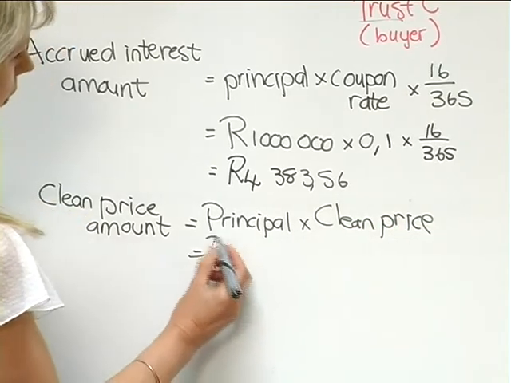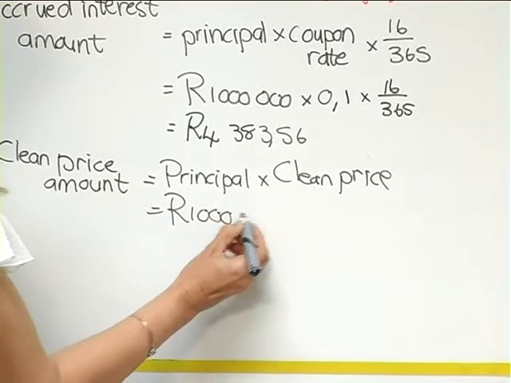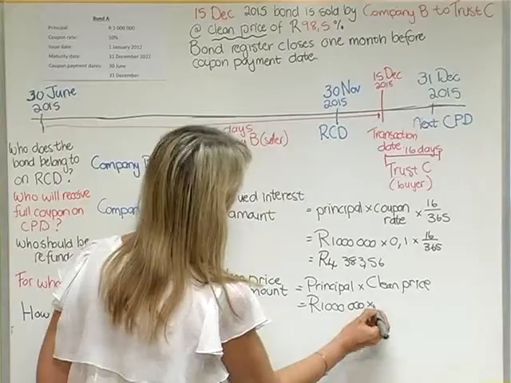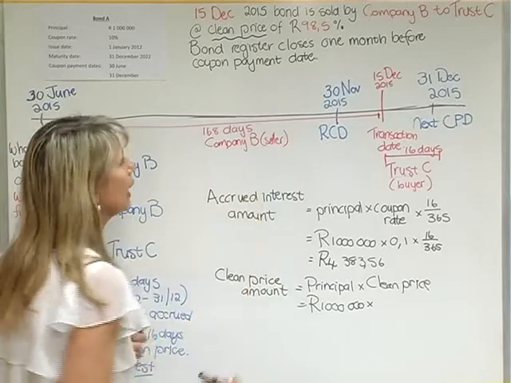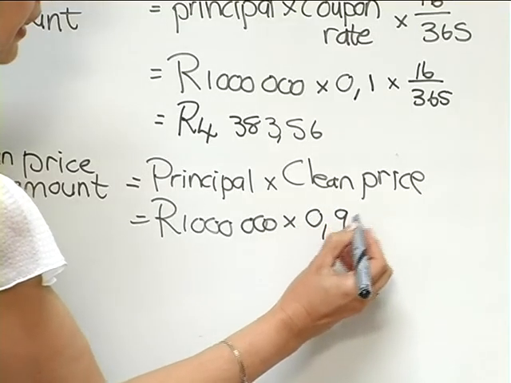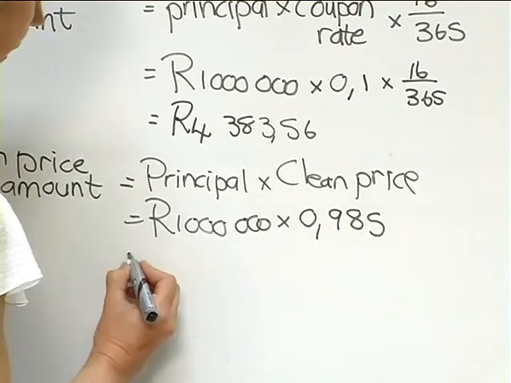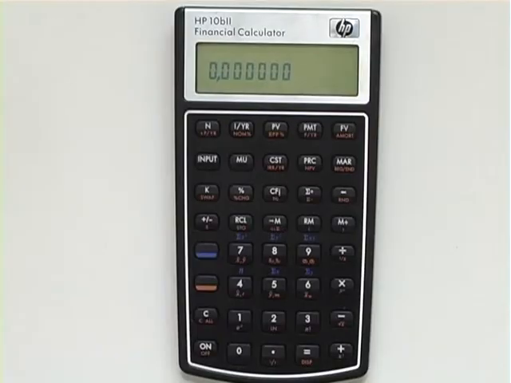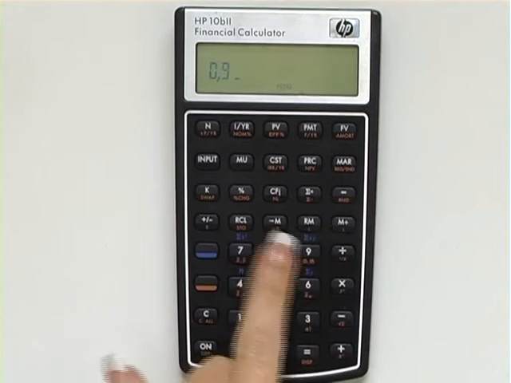So the principal is 1 million rand and the clean price is 98.5 rand per cent, so 0.985. If we do the calculation, 1 million times 0.985 gives you 985,000 rand.